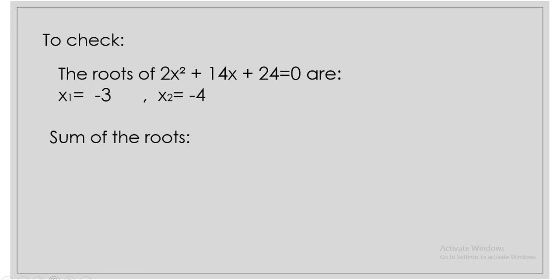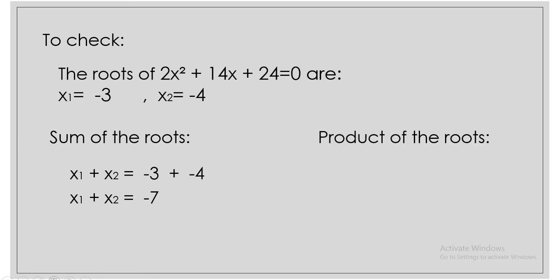Let us check it. Sum of the roots. So we have here x sub 1 plus x sub 2 is equal to negative 3 plus negative 4. So the sum of the roots is negative 7. So this is the same as in the other formula earlier when you use negative b over a.